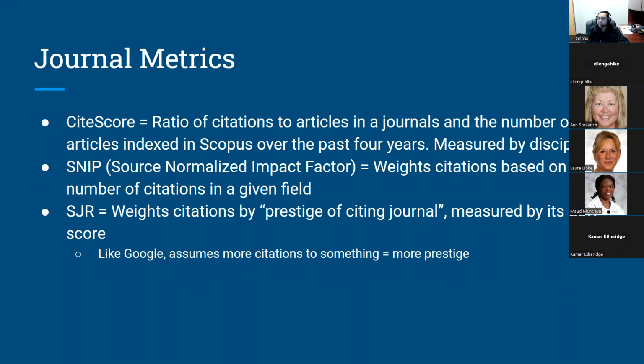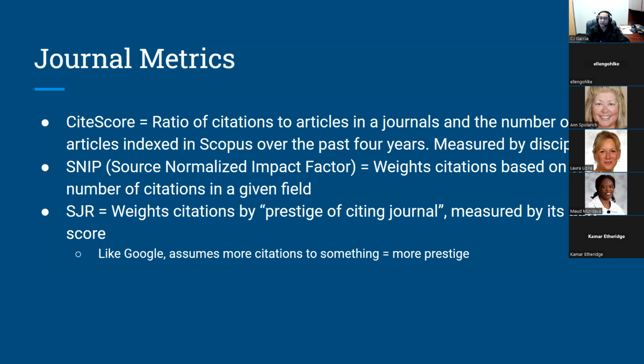To go over them, CiteScore is the primary journal metric used by Scopus. This is the one that's proprietary to the Scopus database. Basically, CiteScore works by taking the ratio of citations to articles in a particular journal, and it divides that by the number of articles that journal has produced over the past 4 years.